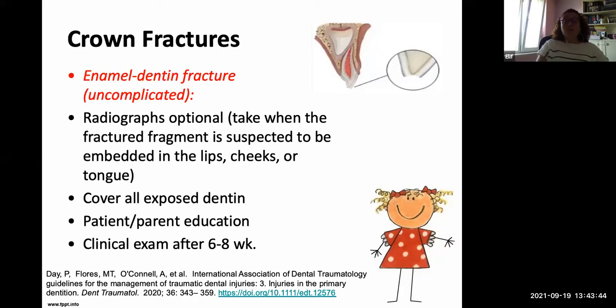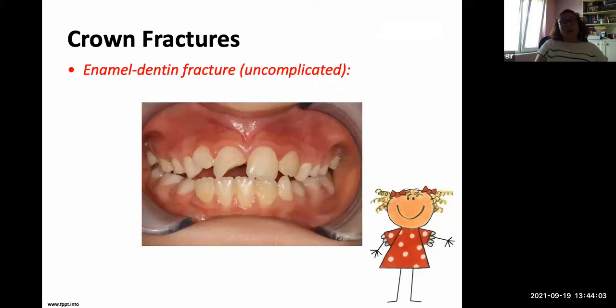If there is no situation like this, we need to cover all exposed dentin to avoid hypersensitivity. Parent education is important, soft eating is important, and we need to make clinical examinations at about 6 to 8 weeks. This is an uncomplicated enamel dentin fracture, and we cover the dentin mostly with glass ionomer cements.